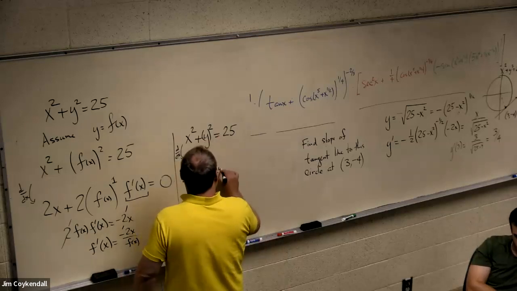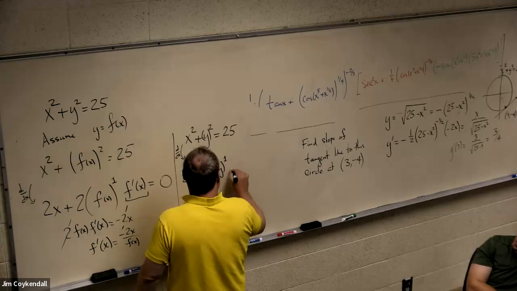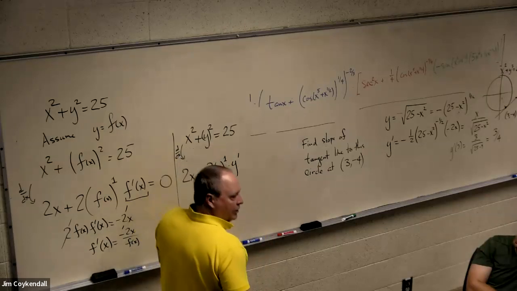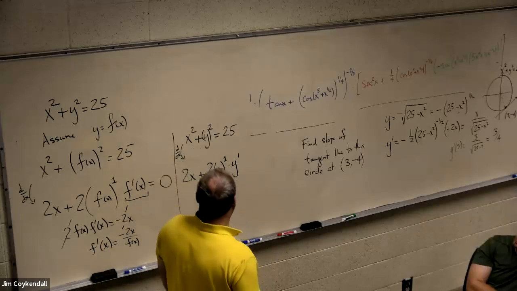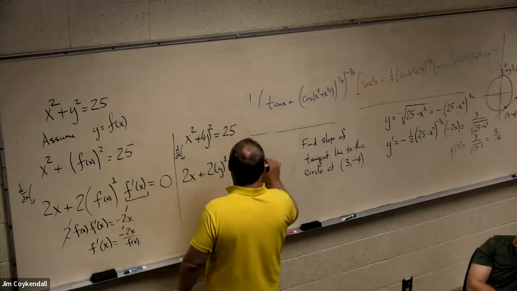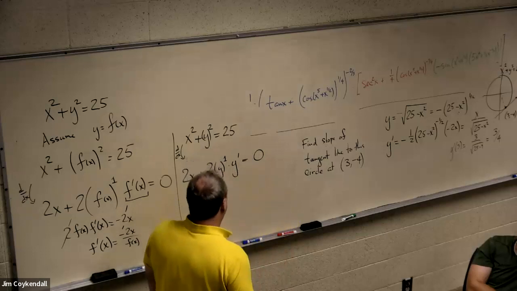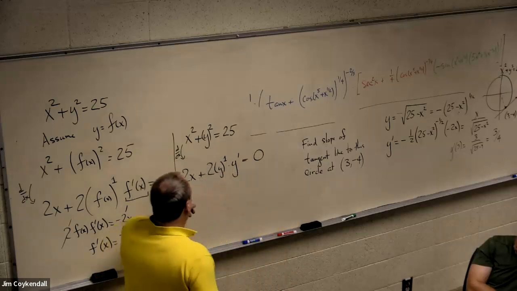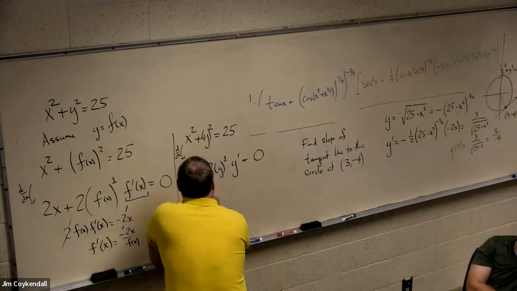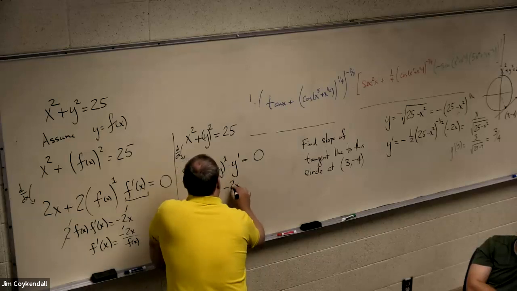This is 2y to the 1 times the derivative of y, which is y prime, or dy/dx. And what do I get here? I cancel the twos, making y prime.